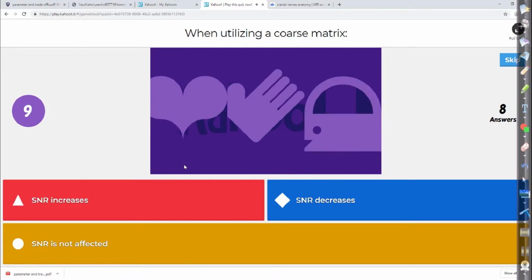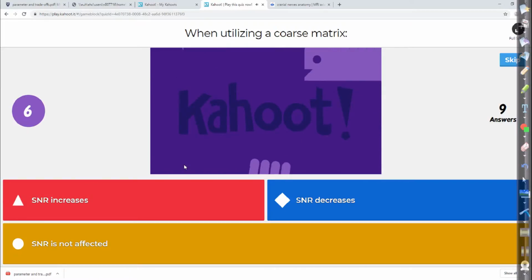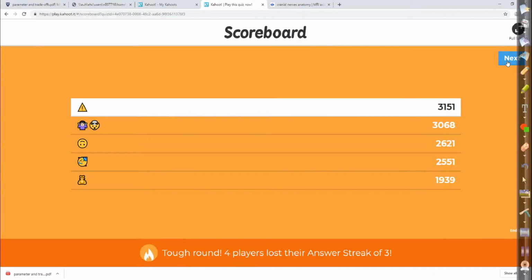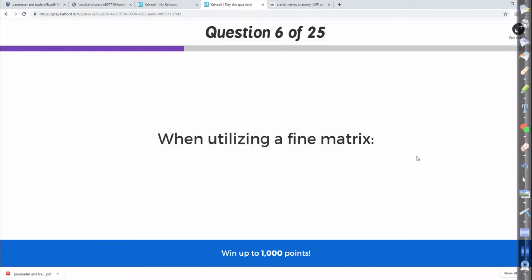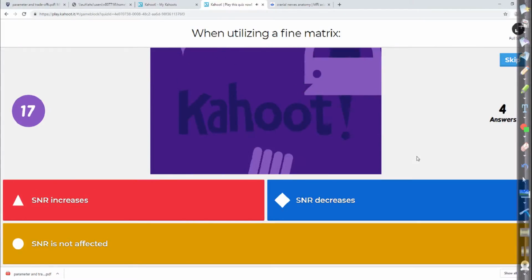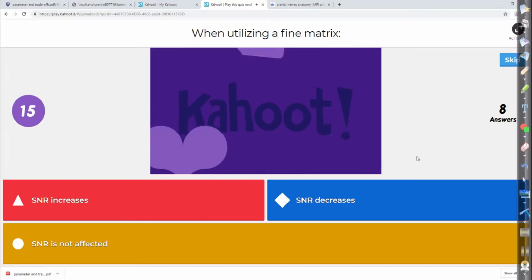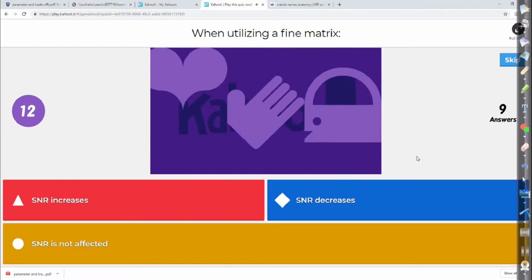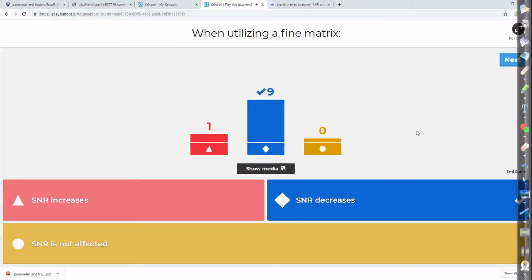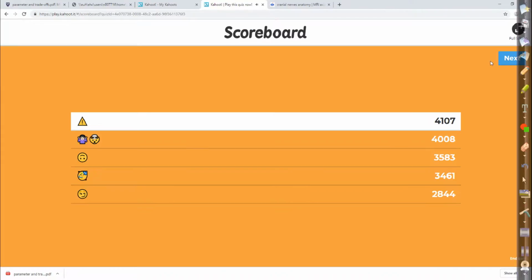Coarse matrix. Coarse matrix means bigger voxels. Oh, most of you guys got that wrong. So coarse matrix, bigger voxels, more SNR. Good. Maybe correct.